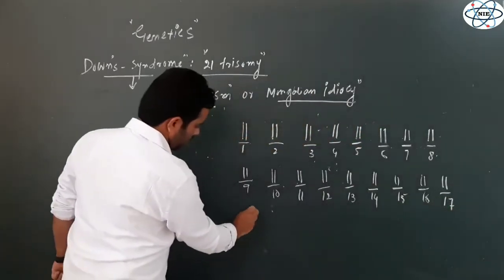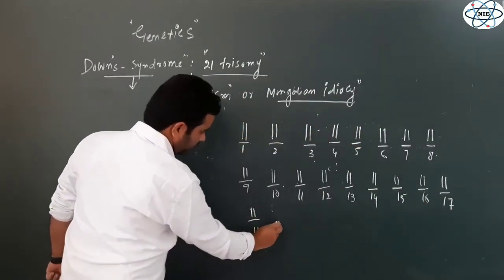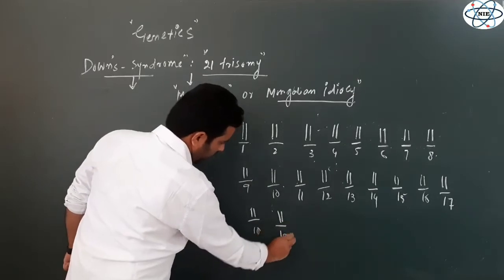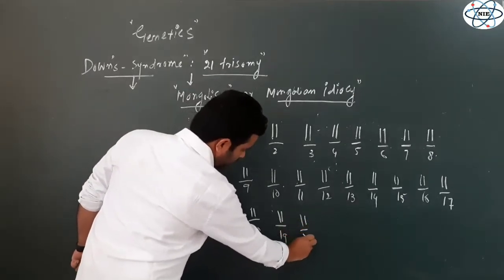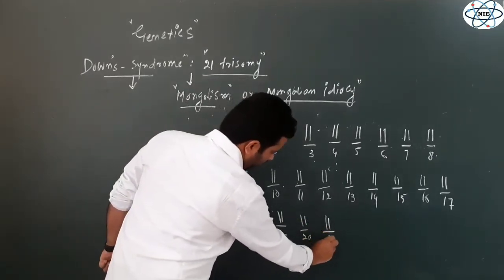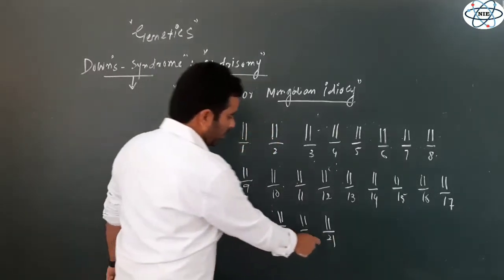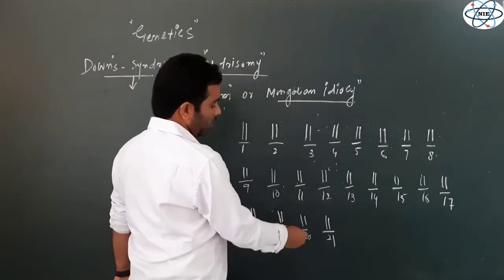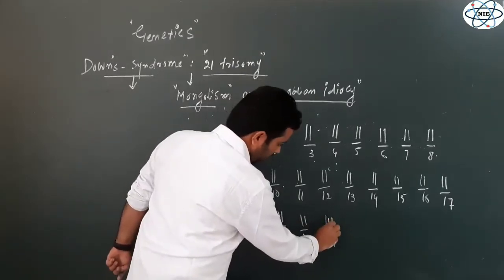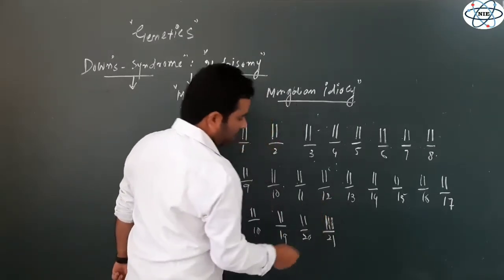This is chromosome number 18, 19, 20. This is 21. Please try to understand. This is chromosome number 21. So we have 3 copies, 3 homologs of 21 instead of 2.